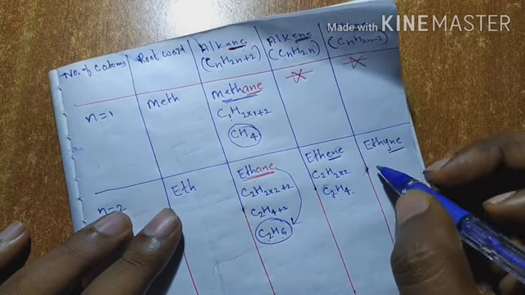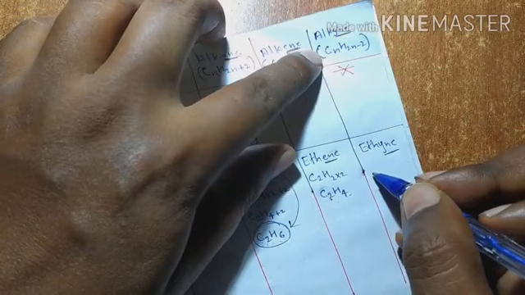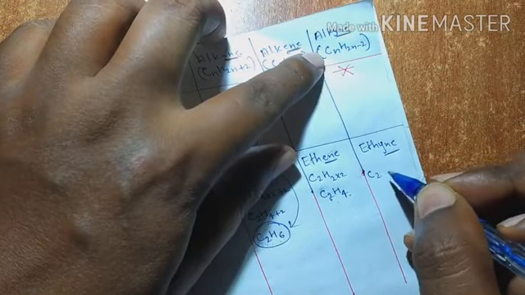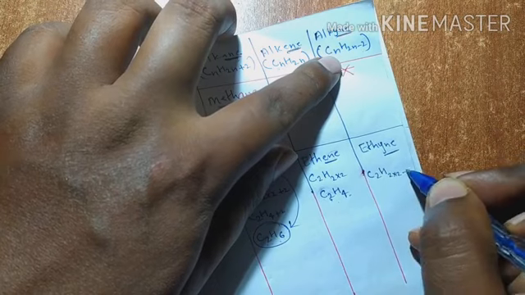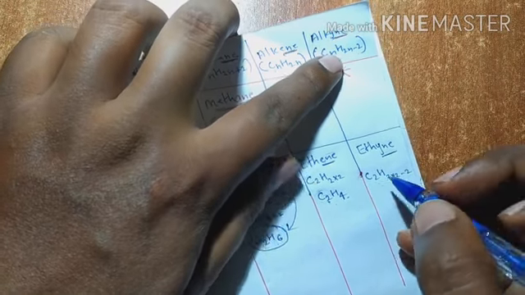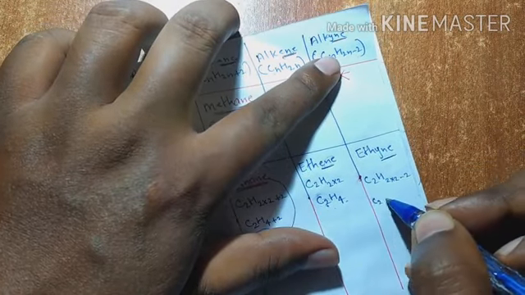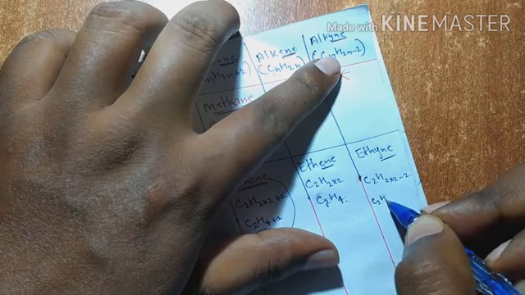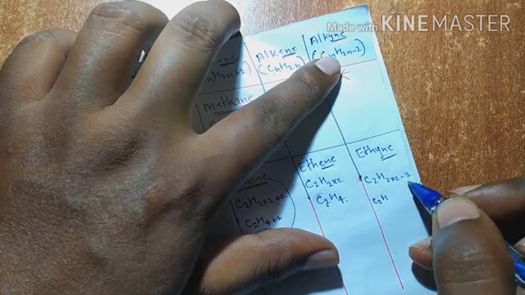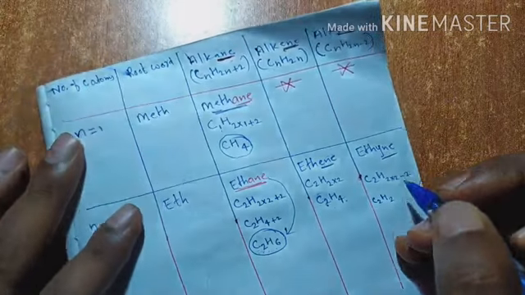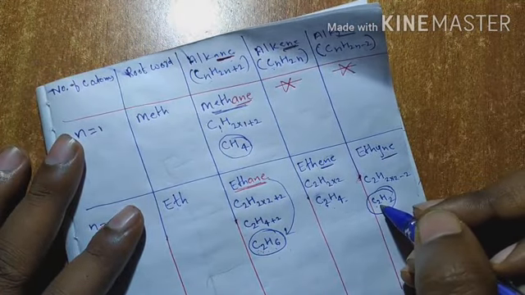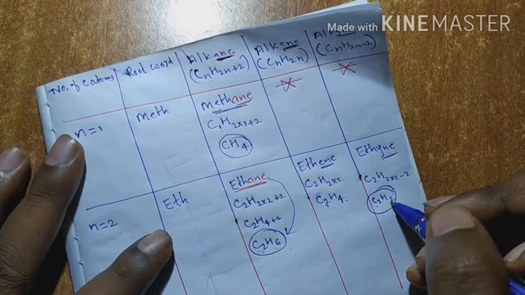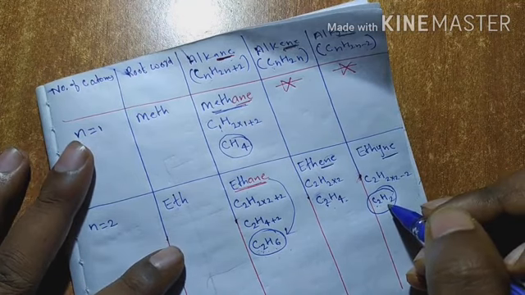The molecular formula will be C2H2n minus 2, so C2, 2 into 2 minus 2, that is 2, C2H2, right? The number of carbon is 2, but this is 2n minus 2, so that's why this is called ethyne.